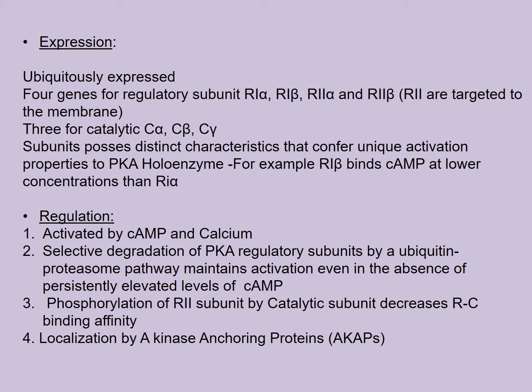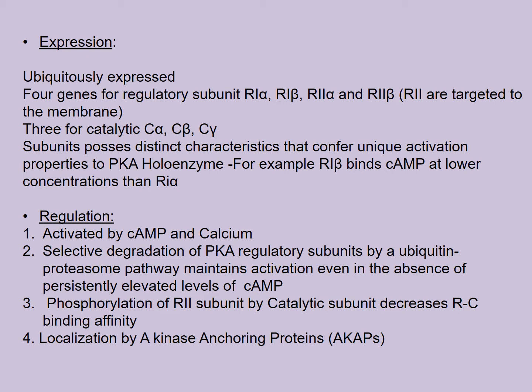With persistent, longer signaling, it can actually lead to degradation of regulatory subunits through the ubiquitin proteasome pathway. So if you don't have any regulatory subunits, it cannot inhibit catalytic subunits. So even when your cAMP levels go down, there are not enough PKA regulatory subunits to inhibit your catalytic subunits, so you will have maintained activation over longer times.